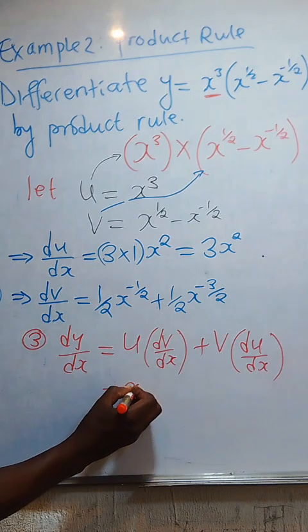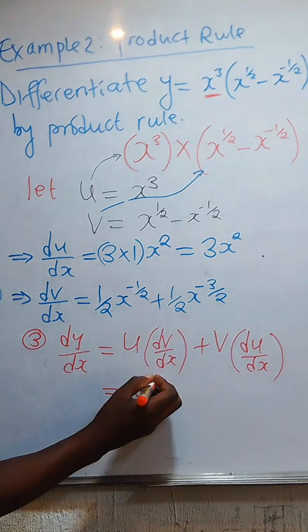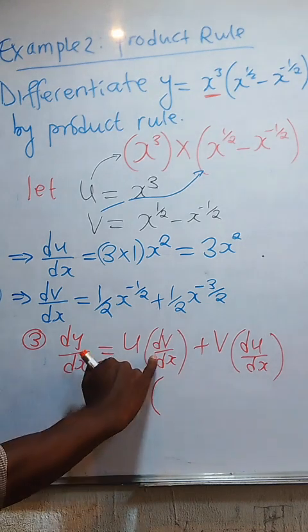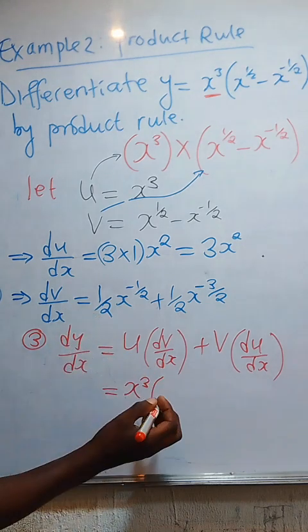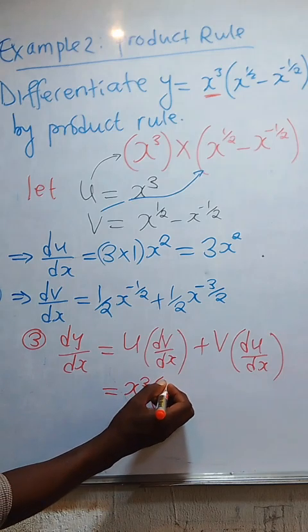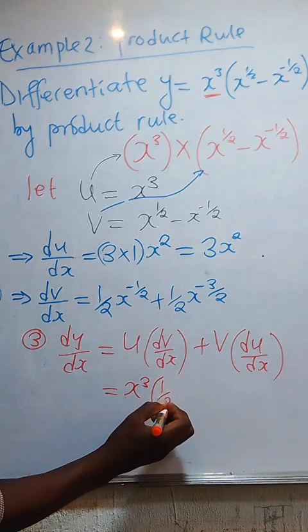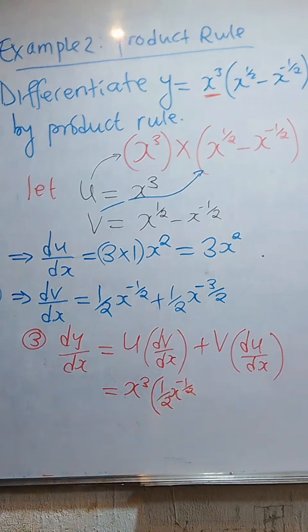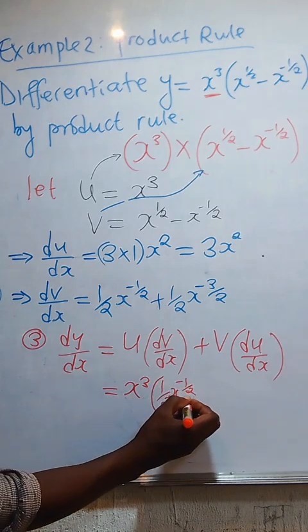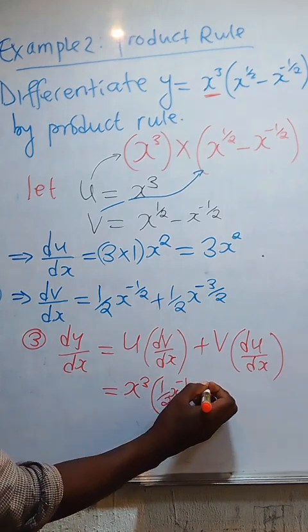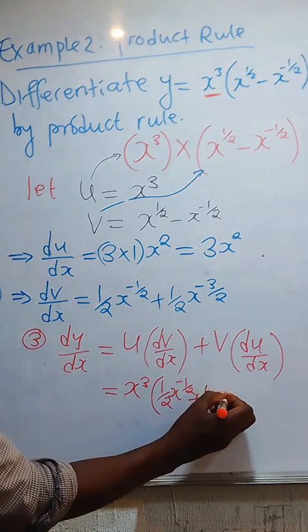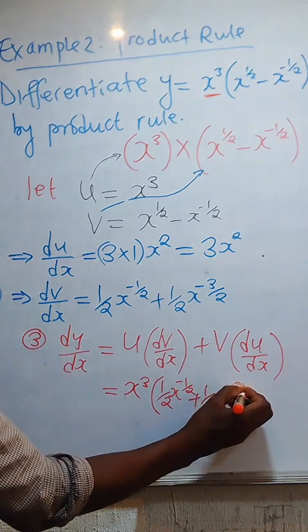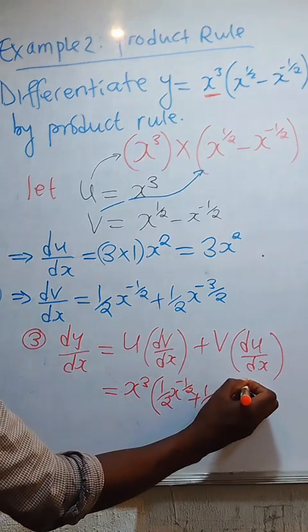So we have x to the power 3, okay? Open the bracket, dv dx is this one. So it's going to be half to the power x multiplied by power negative half, and then plus half x to the power negative 3 over 2.